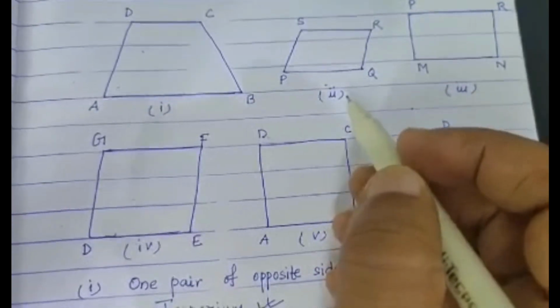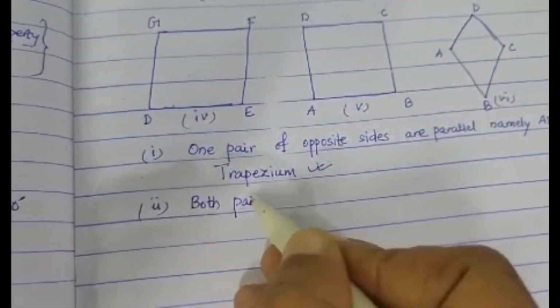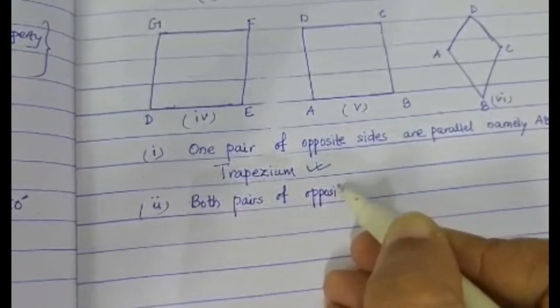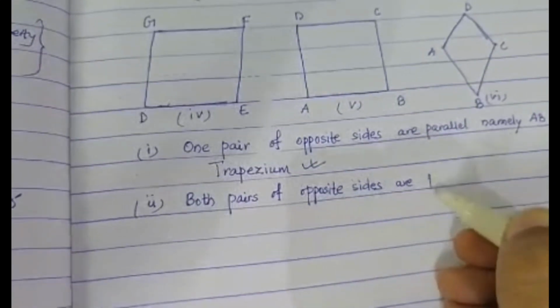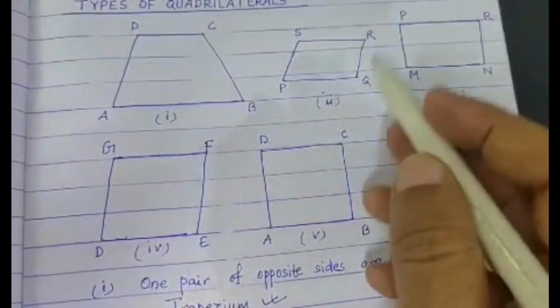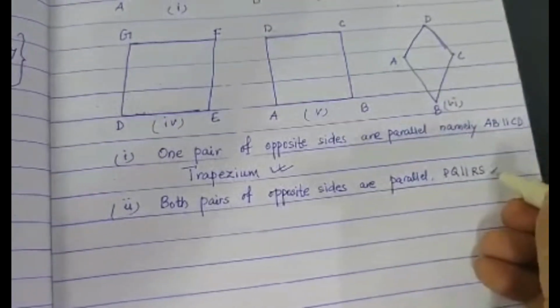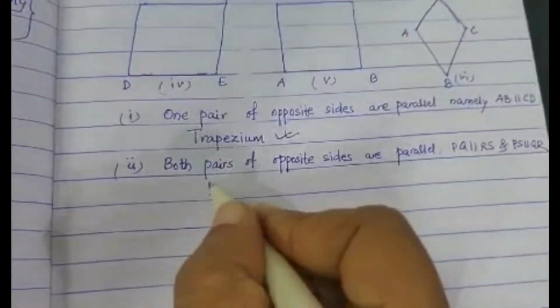So if both pairs of opposite sides are parallel, then it is called a parallelogram, meaning PQ is parallel to RS, and PS is parallel to QR. Now this is called a parallelogram.